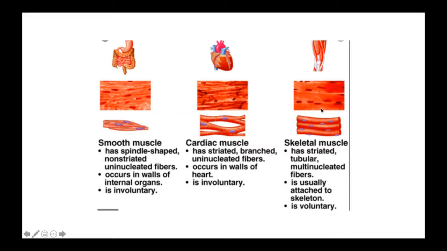Now, so is cardiac muscle, it is also striated. But the difference between skeletal and cardiac is that skeletal is voluntary, whereas cardiac muscle is involuntary. You can't contract your right atrium or right ventricle or left atrium and left ventricle as you can your biceps or triceps instantaneously.